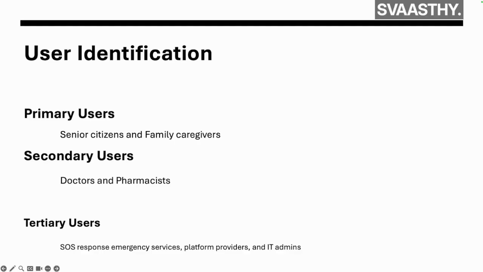So when the user shows the pharmacist their prescription, they can provide the appropriate medicines. And of course, the tertiary users are the emergency services that respond to SOS calls, and also the platform providers, and the IT admins who are going to be maintaining the application and making sure things run smoothly.